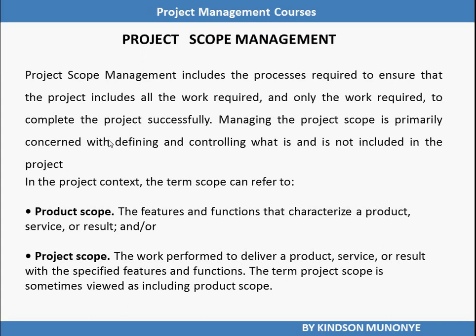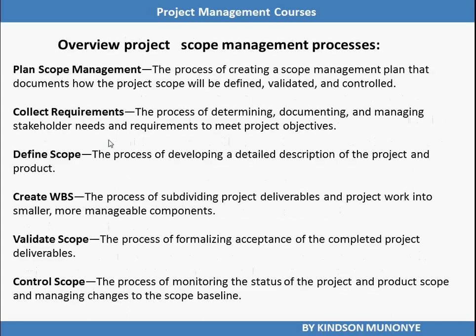Let's now look at the various processes under the project scope management knowledge area. The first one is plan scope management. Remember, in the PMBOK Guide 5th edition, all the knowledge areas now contain one planning process. And for the scope management knowledge area, we have plan scope management.